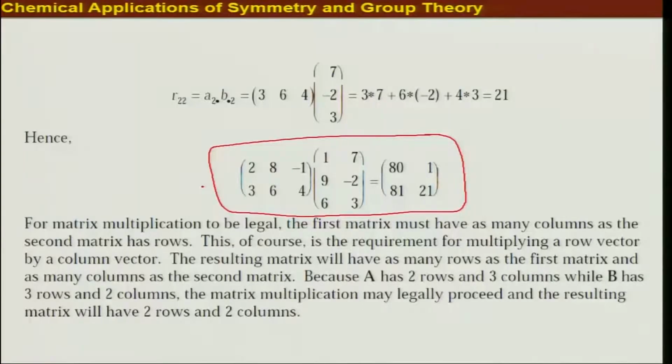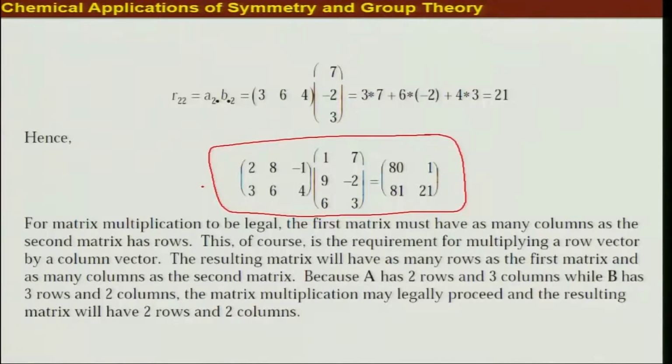So again, if we state that sentence: for matrix multiplication to be legal, the first matrix must have as many columns as the second matrix has rows. This of course is the requirement for multiplying a row vector by a column vector, right? The resulting matrix will have as many rows as the first matrix and as many columns as the second matrix.